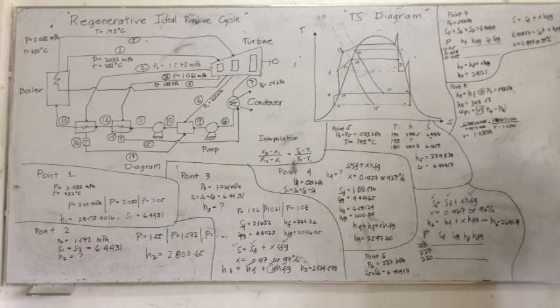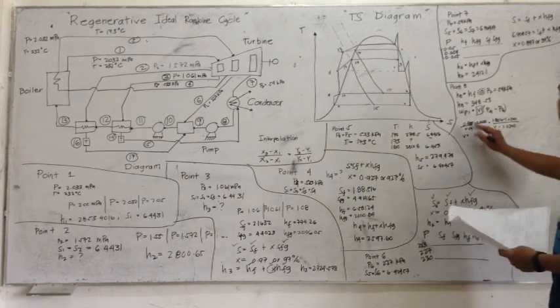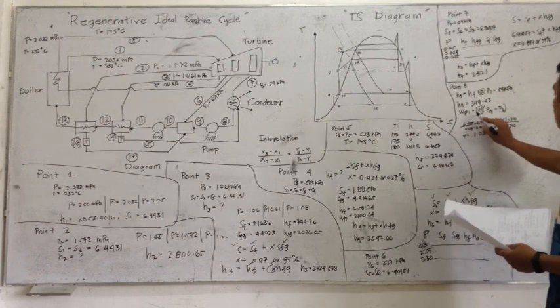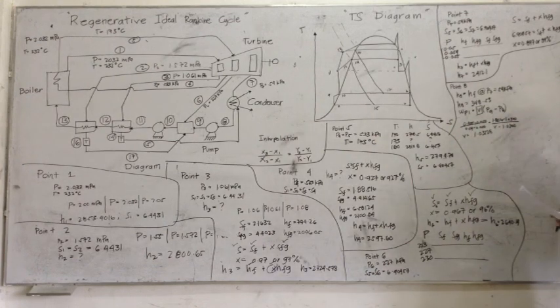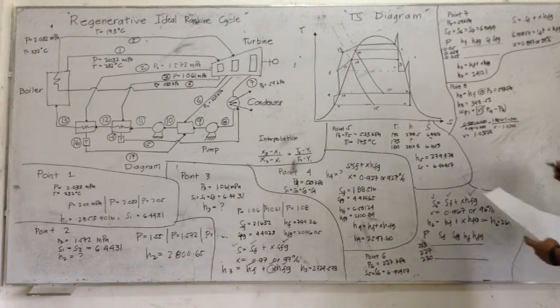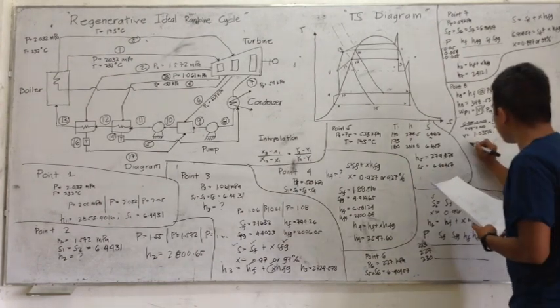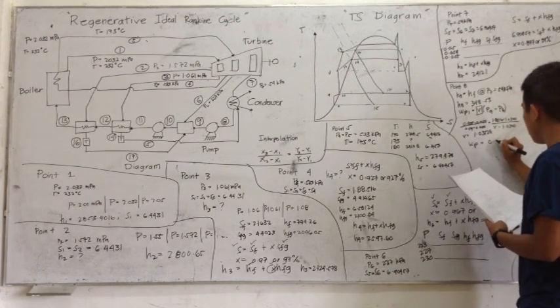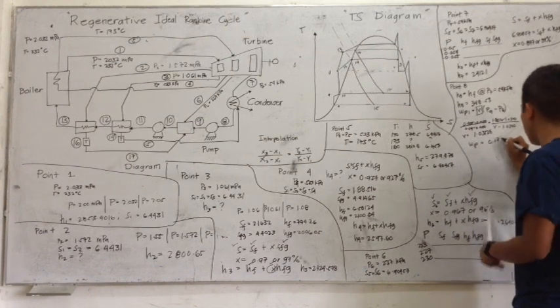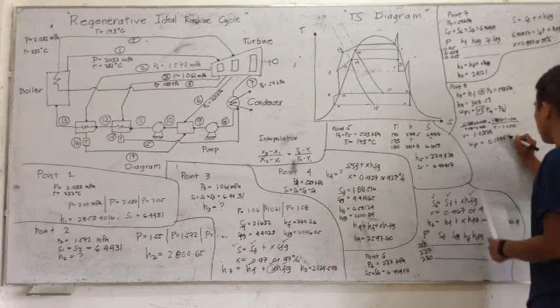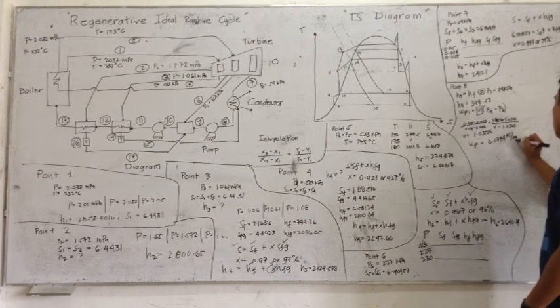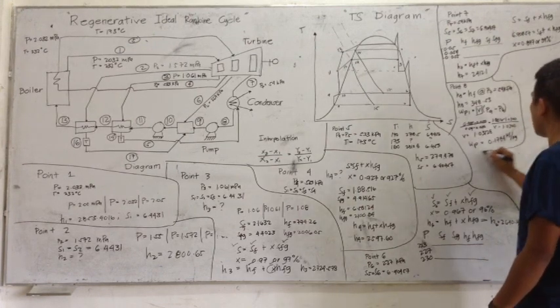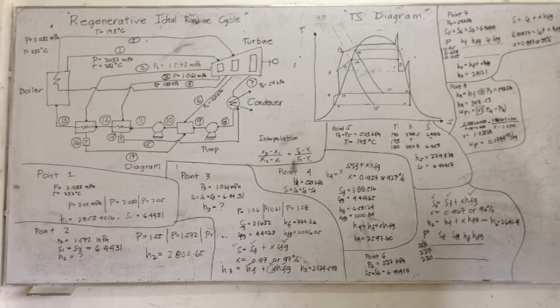In our formula of work of a pump, work of pump is equal to V times P9 minus P8. By directly substituting these given numbers, we can say that the work of pump 1 is equal to 0.1784 kilojoules per kilogram. So now we are finished at our point 8.